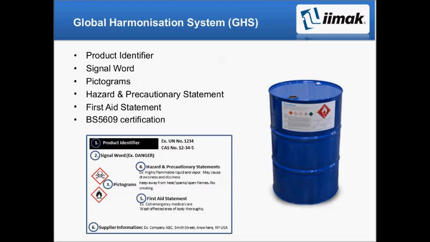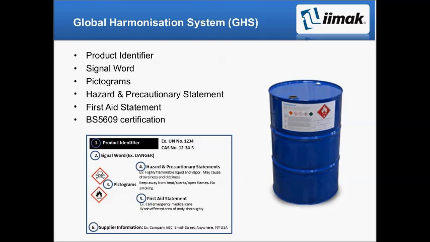GHS is another consideration when specifying durable TTR printed labels, and it's useful to be able to speak about this with your customers. So what is GHS? Well, it stands for Global Harmonised System of Classification and Labelling of Chemicals.